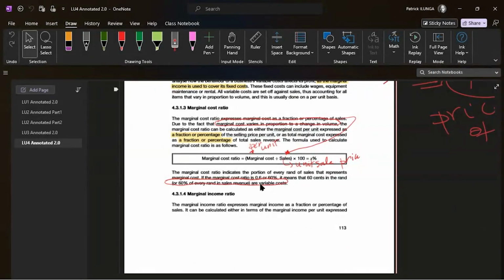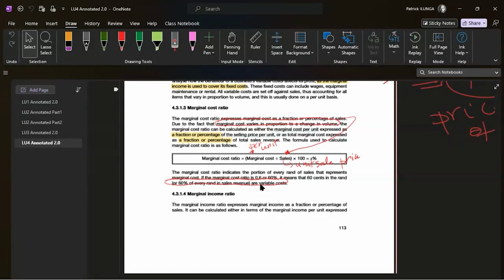So every time you're looking at any business you are doing, you are looking at every rand that you are making. You know that 60 cents of that rand must go to cover the cost. Only 40 cents is left. Does this make more sense?